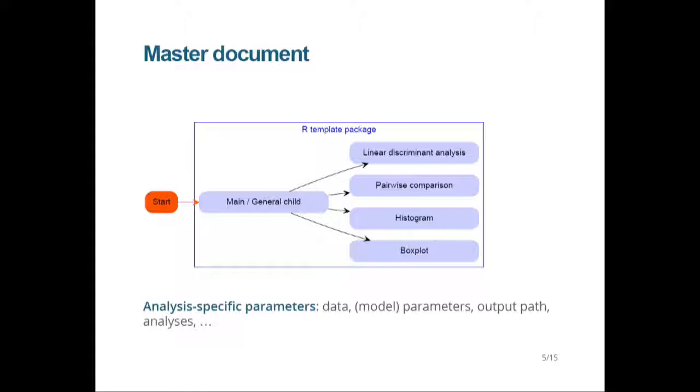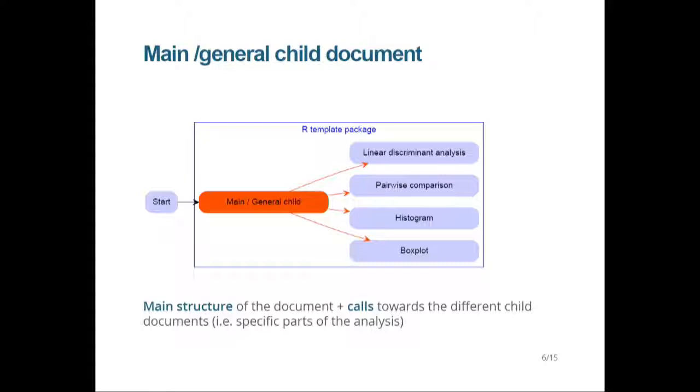Now the start will then call a main general child, and this main general child actually contains the main structure of the document and the calls towards the different child documents, the specific parts of the analysis. So like I mentioned, the way of working, it's easy to add another specific part of the analysis later on because you don't have to modify your start.